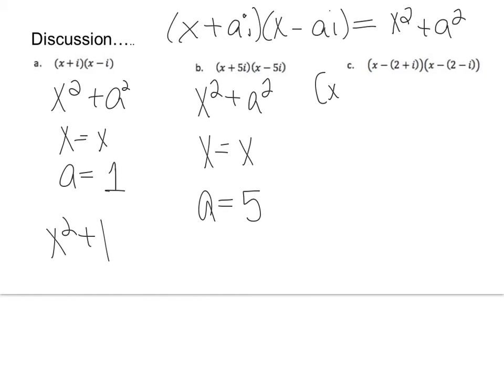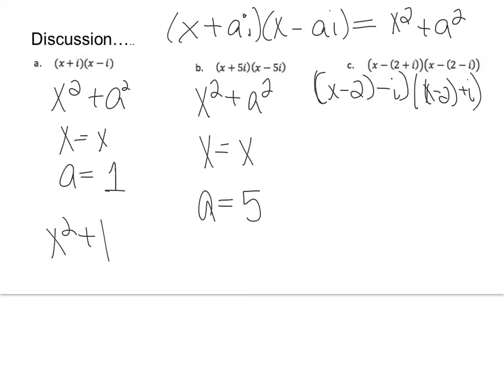I have x minus 2 minus i. Too many parentheses. And then x minus 2 plus i.